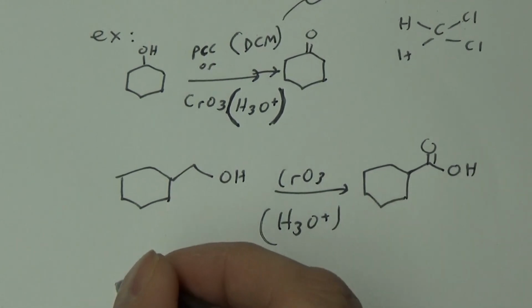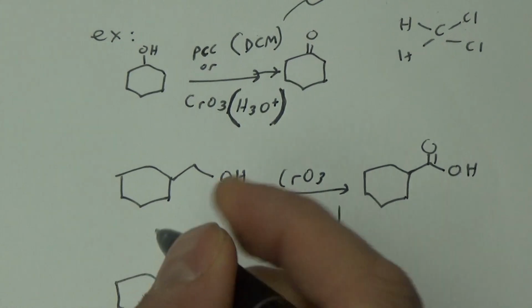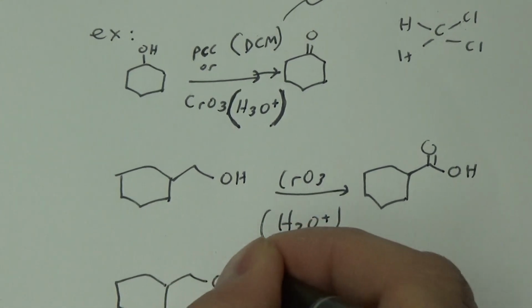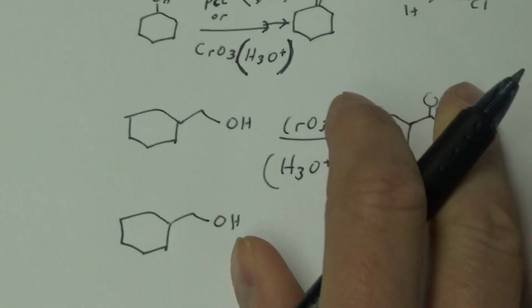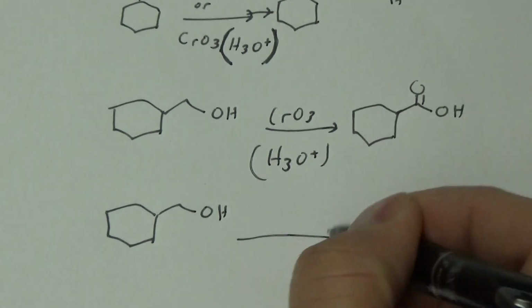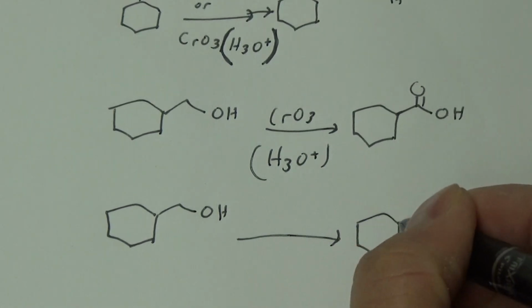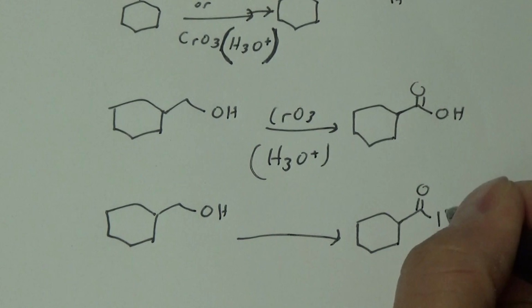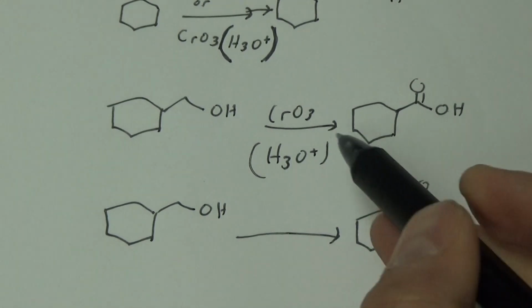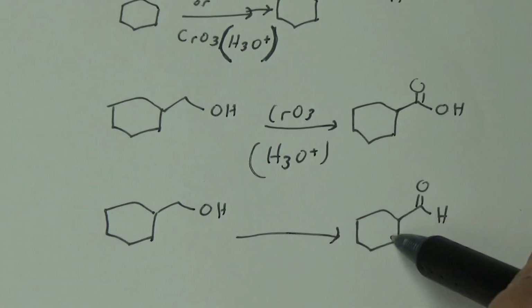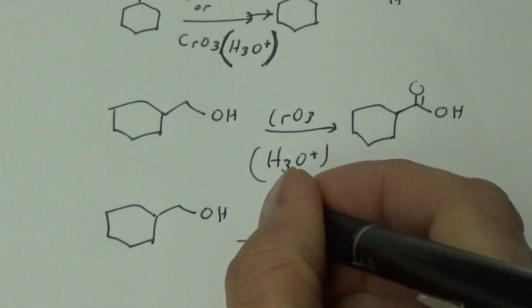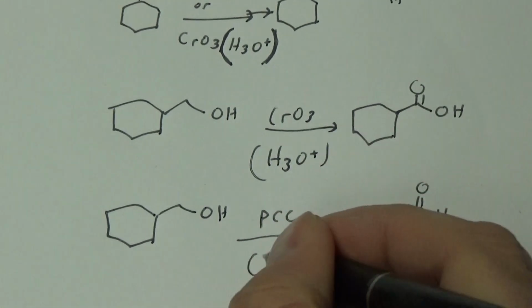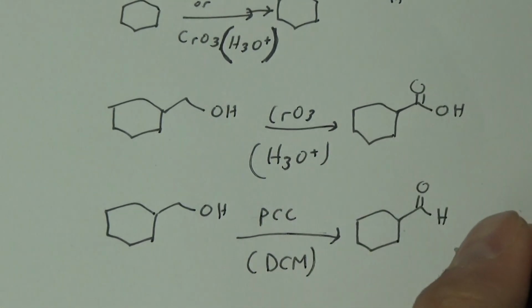What if we want to go from a primary alcohol to the aldehyde? CrO3 or PCC? It looks like it's a partial oxidation, so PCC. And we use dichloromethane, put in parentheses.